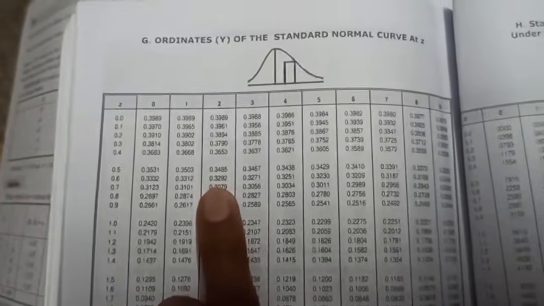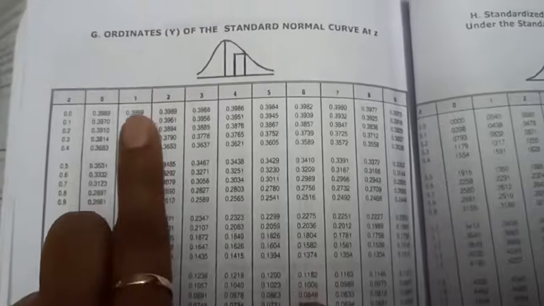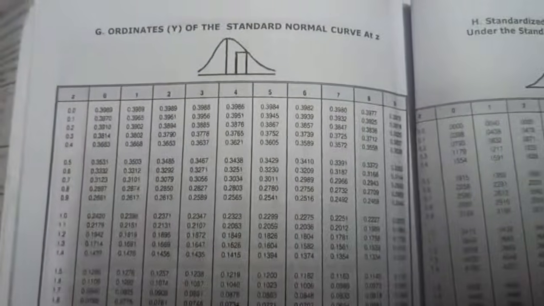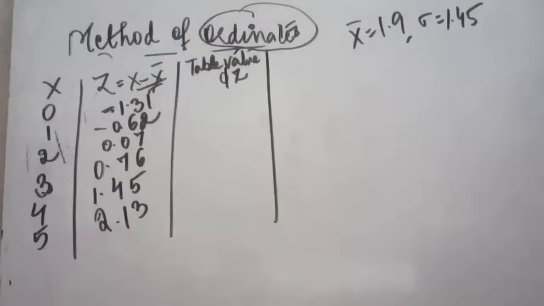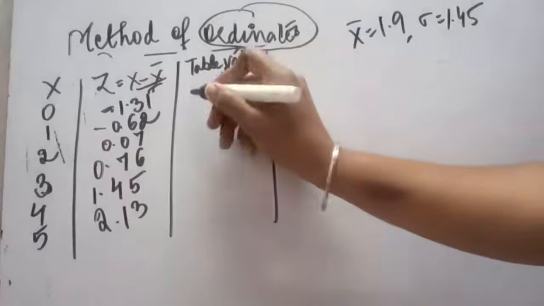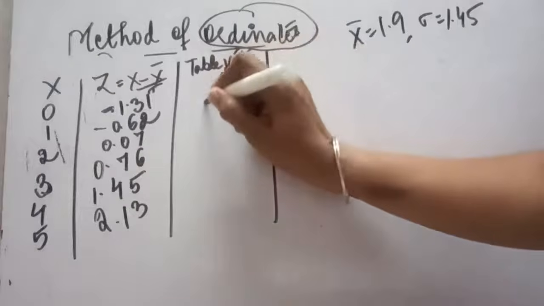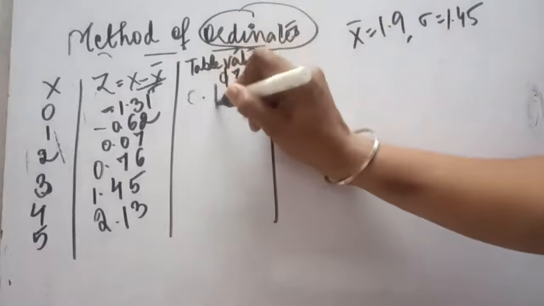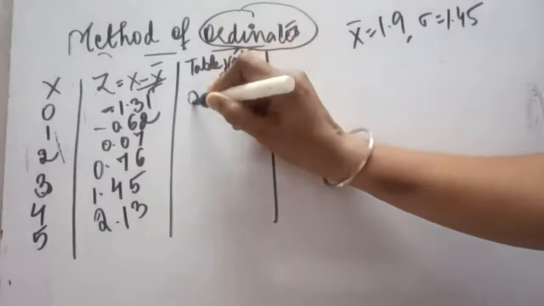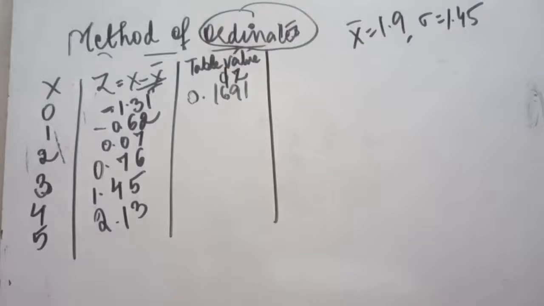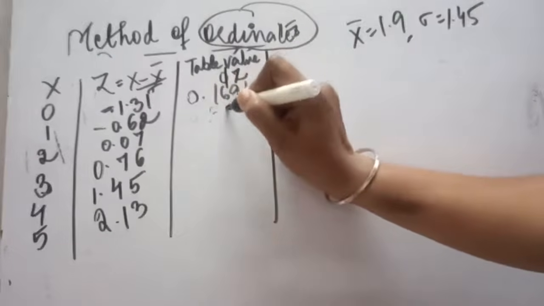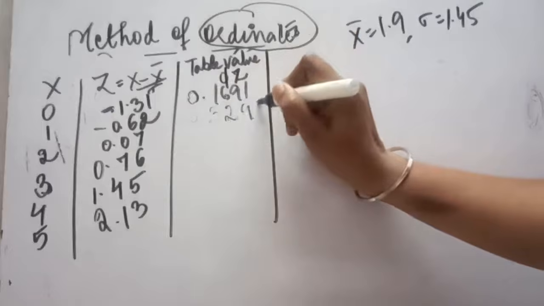We will just locate the values from this table, as this is the method of ordinates. So the value of 0.62 was 0.3292.